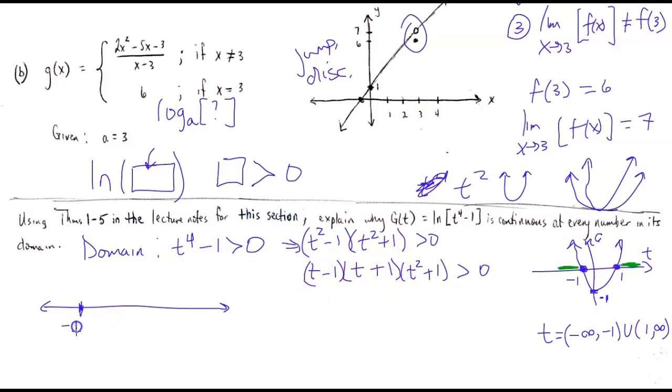And this would be at -1 and 1. Notice that t squared plus 1 does not give us any real number t-intercepts because the only values of t that would make this go to 0 would be i or -i, okay? And of course those are complex numbers and we don't consider that in these types of problems.